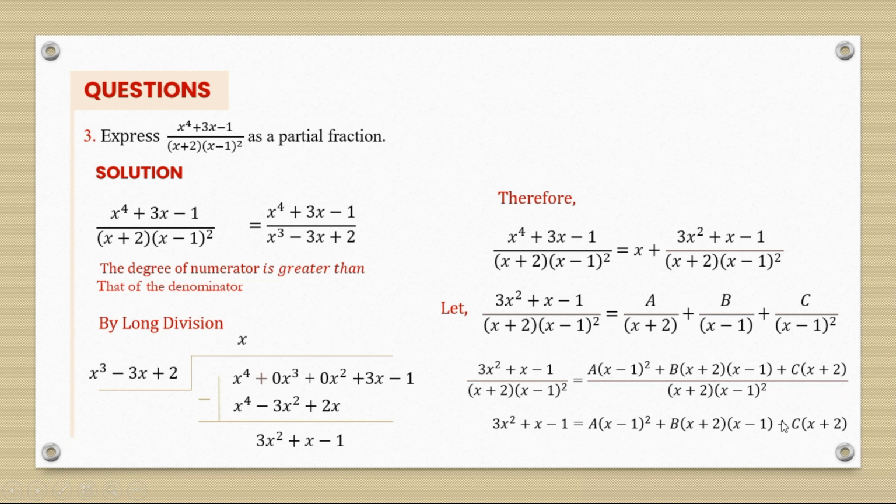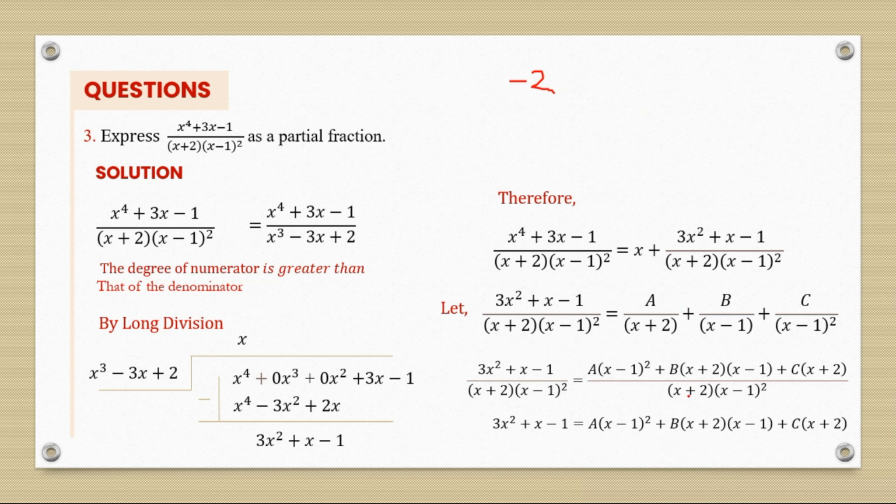Now we're going to apply some knowledge to first find at least one of the values, and this will easily work out. There are different values you can let x be. If we want to find the value of A, we just need to let x be equal to negative 2.